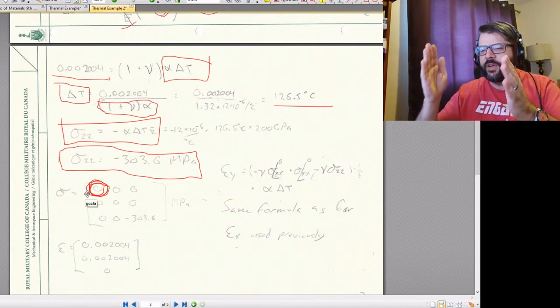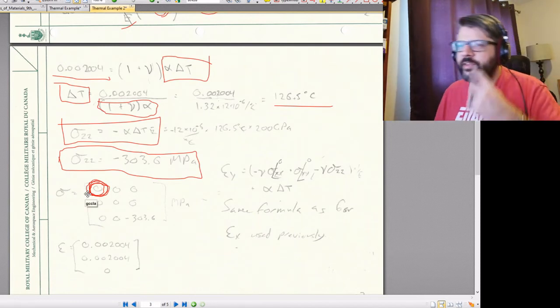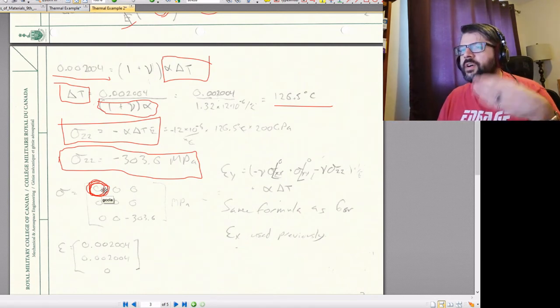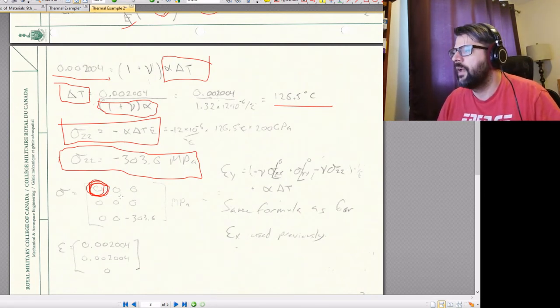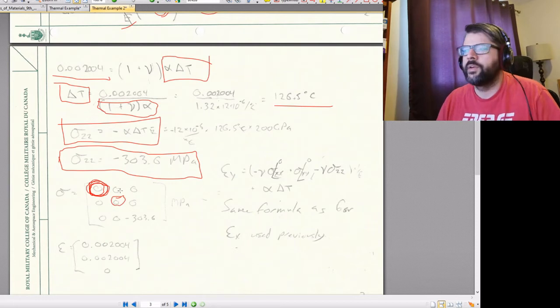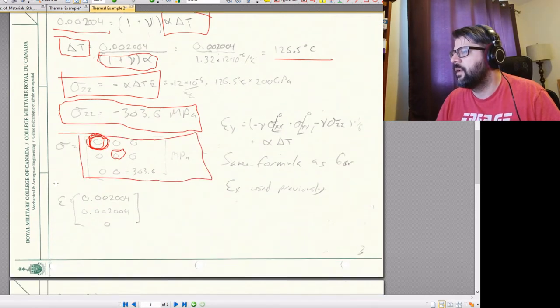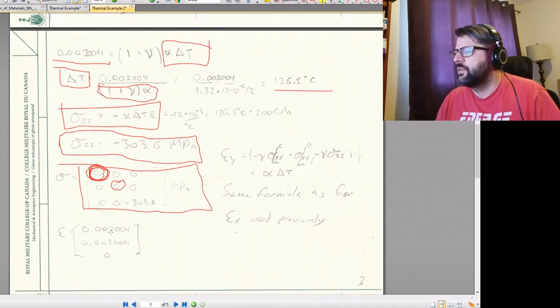It's just at the point where it starts touching, so its stress is still 0. Any additional temperature change will cause that to increase, and our y is also 0, and then all the shear stresses are 0. So here is our stress state tensor, and then we were asked for the strain as well.